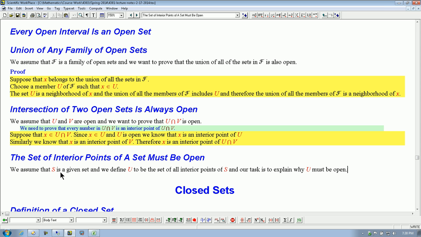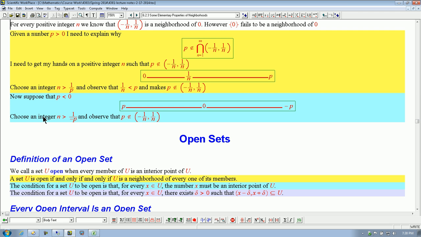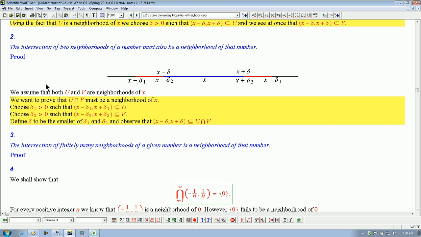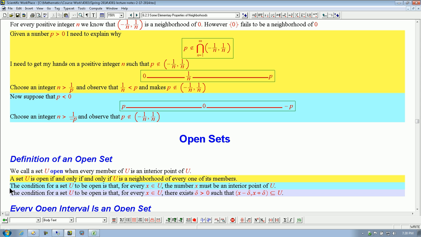When a set fails to be open, you know what you know. Let's say this. A set is called open. Where is it? I can't find it. Here. The condition for U to be open is that for every x in U, x is an interior point of U, right? When a set fails to be open, what does that mean? There exists a member of the set that is not an interior point of the set.